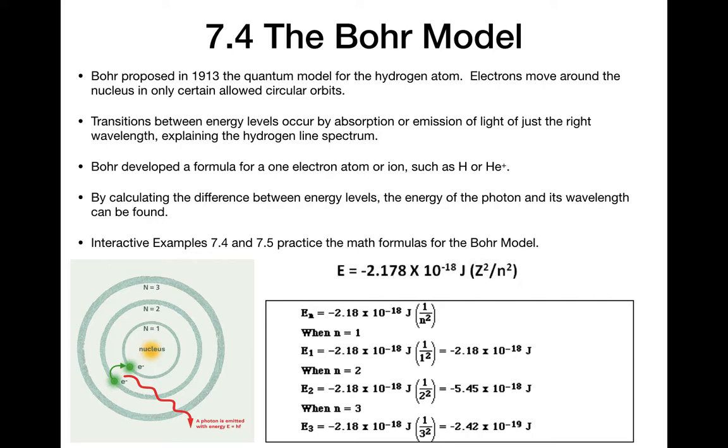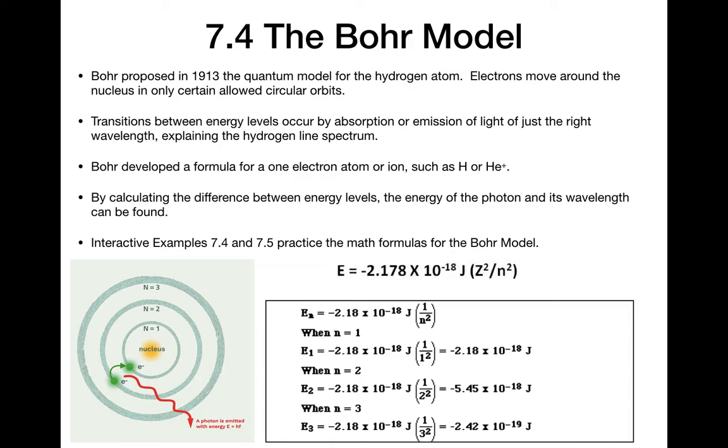So if 0 is out of the atom, lower than that would have to be a negative number. It may be hard for you to think of potential energy as being negative. Normally we think of potential energy for gravity as 0 if it's in its lowest possible position, and then if it's up on some kind of tabletop or up a ladder or something, the potential energy is positive.